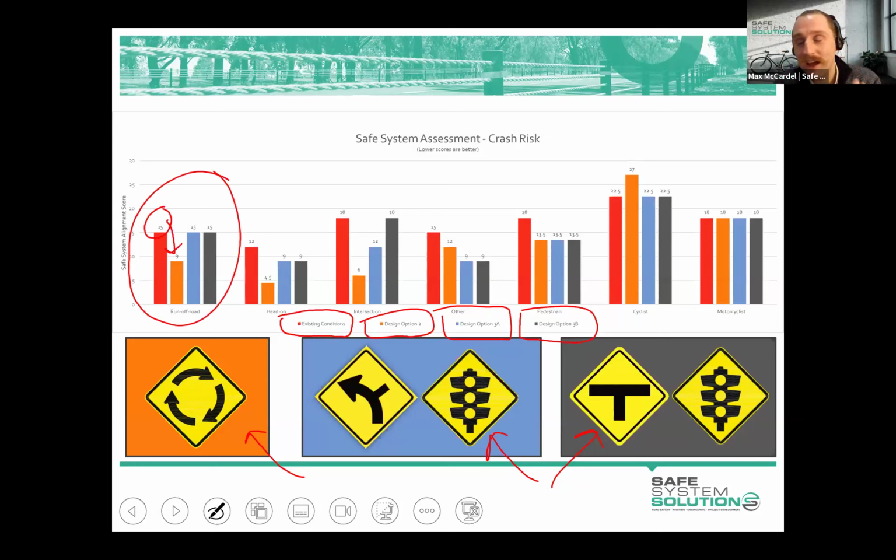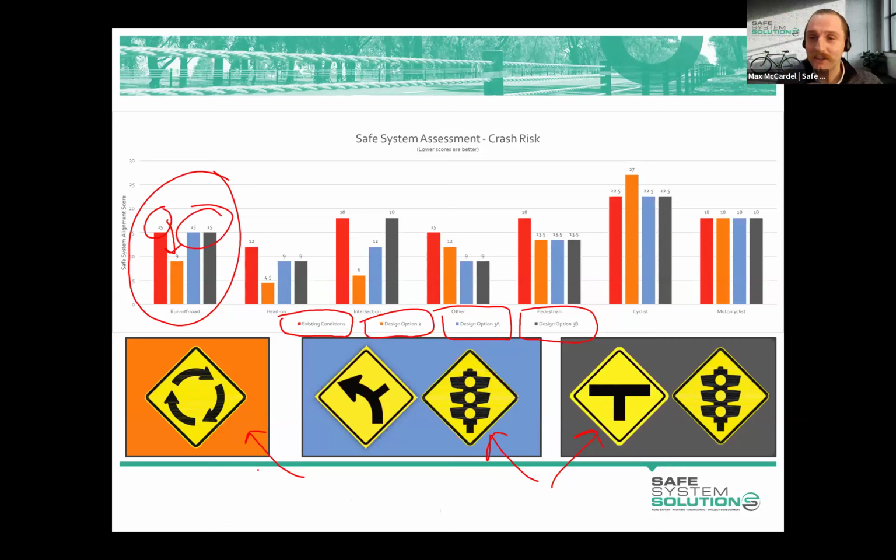So another way to interpret that is the roundabout treatment that is being investigated at this stage is showing improved safe system alignment for the runoff road crash type. However, for the signalized options, there's no change. You've also got a score there of 15.